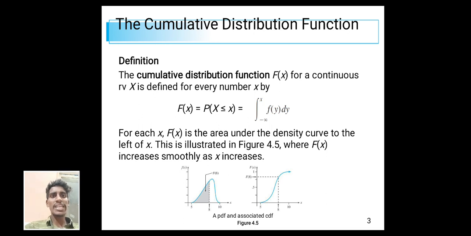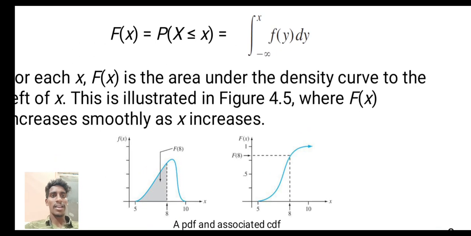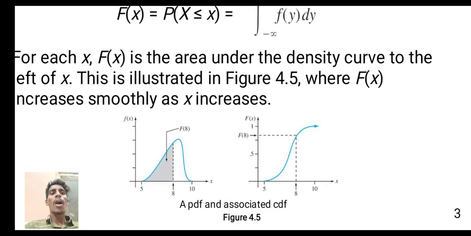For each x, F(x) is the area under the density curve to the left of x. This is illustrated in figure 4.5, where F(x) increases smoothly as x increases. You can observe the graphs of a probability density function and the associated cumulative distribution function.